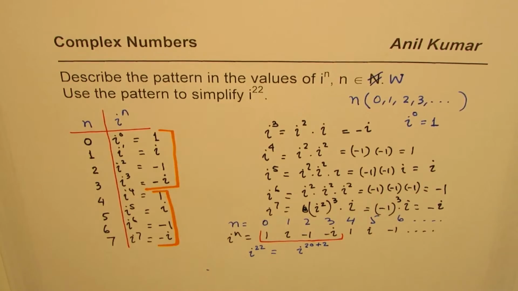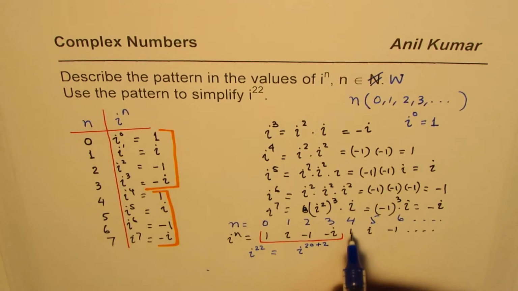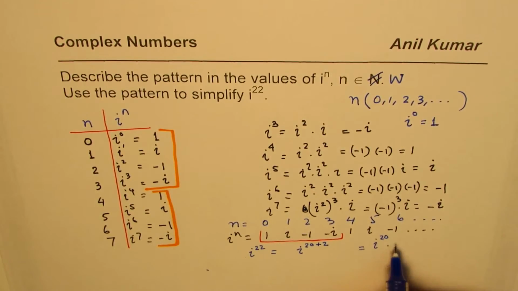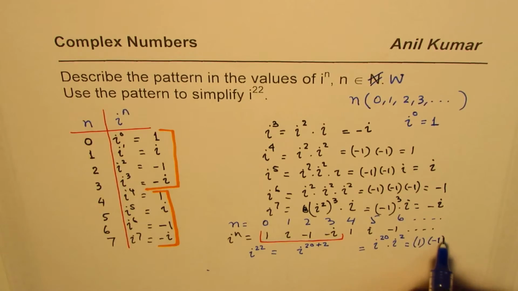Since 20 is a multiple of 4, do you understand? i to the power of 4 is 1, right? So we could write this as i to the power of 20 times i squared. i to the power of 20 is 1, i squared is minus 1. So it is 1 times minus 1, and therefore this should be minus 1.